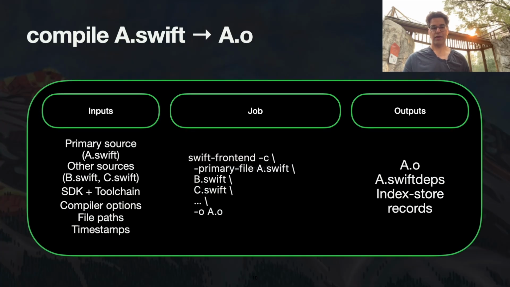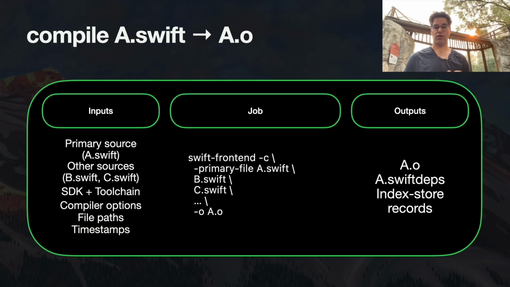So inputs are a primary source file, a.swift, other source files, b and c.swift, SDK, toolchain, there might be terminal command line flags or options, compiler options, all kinds of things go into the inputs. And the Swift driver uses the inputs to construct the actual command line invocation that it will send to the other part of the compiler, the front end.